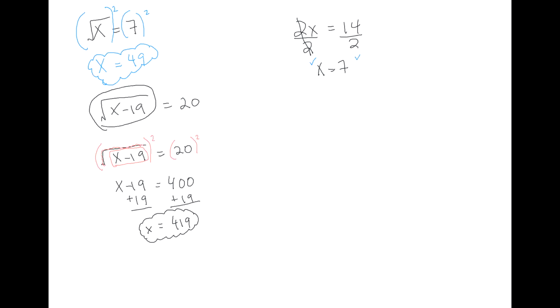Say you wanted to check it because you feel like 419 is kind of large, or you feel like the answer should be something smaller, you plug in x for 419 into the original equation. So I have the square root of 419 minus 19 equals 20. And we're going to check and see if that's true.